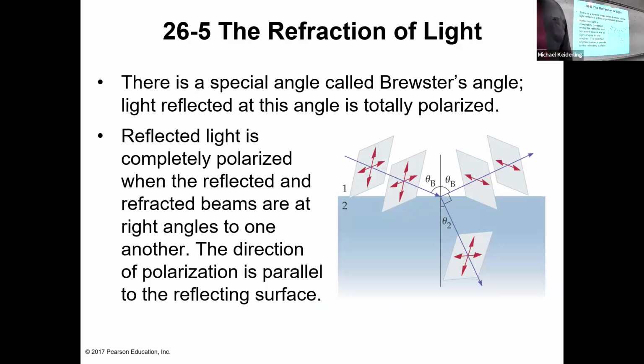And there's also a special angle called Brewster's angle. What happens at Brewster's angle is that if you reflect light at Brewster's angle, it gets completely polarized. And this occurs when the reflected and refracted beams are at right angles to each other. And the direction of polarization is parallel to the reflecting surface.